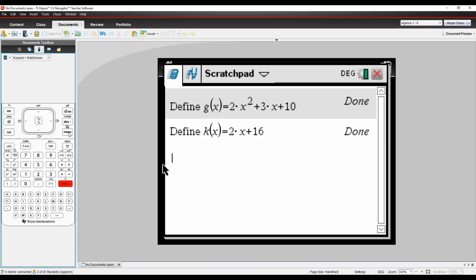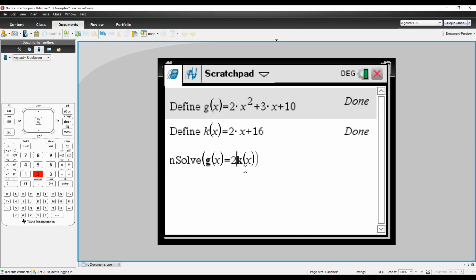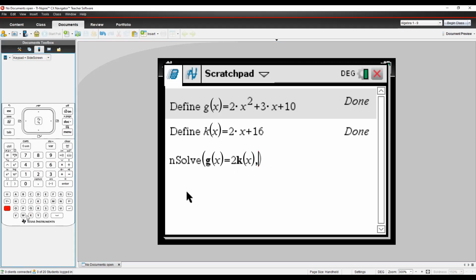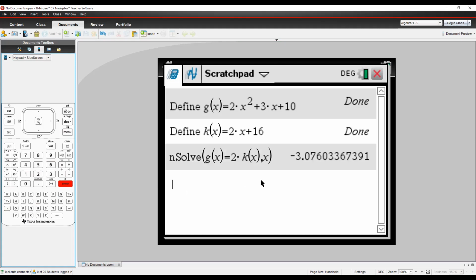Now we're just going to use nSolve, menu 31, and we're going to put in g of x is equal to k of x. And then, oh, actually it's not k of x, it's 2 times k of x. Oh, I almost messed that up. And then comma, and then the x variable, and it tells us.